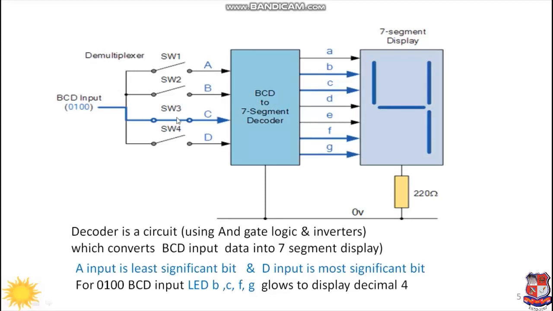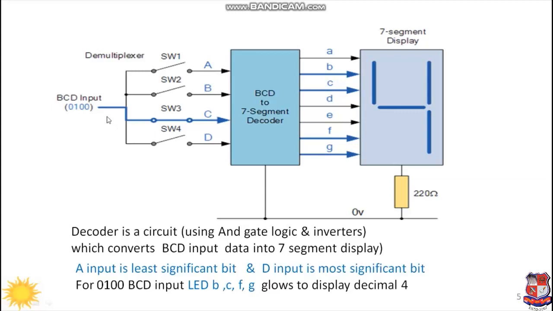You can see how from here the BCD input is given to the decoder and the decoder gives the output in the form of a numerical display for 4, that is equivalent to the BCD input which is given 0 1 0 0. In this, A is the least significant bit and D is the most significant bit.